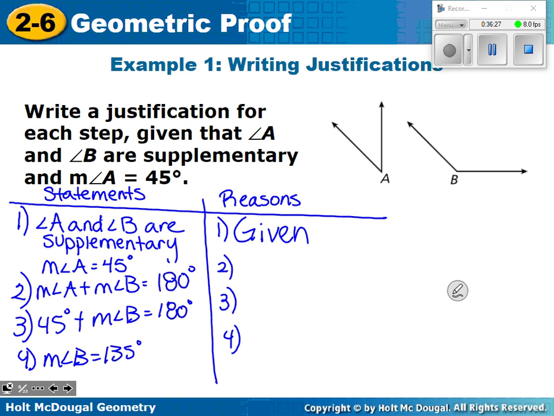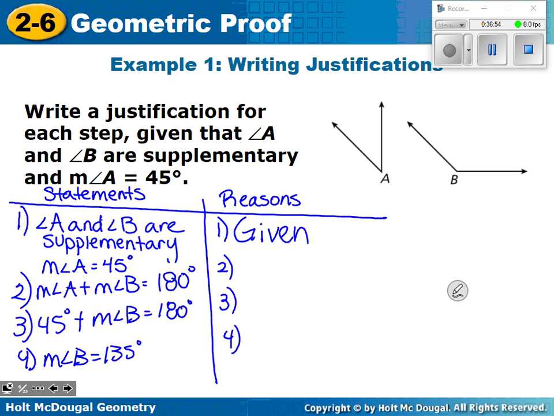Careful. Angle addition postulate says if you have a picture of an angle that has been split into 2 angles, part plus part equals whole. We don't have an angle that's been split into 2 angles. Look at what they told you. When you're trying to decide the reason, you're not just trying to pull it from thin air or think about everything you've learned. You're looking at 2 places. You're looking at what did they give me? Did it come from something they told me here?